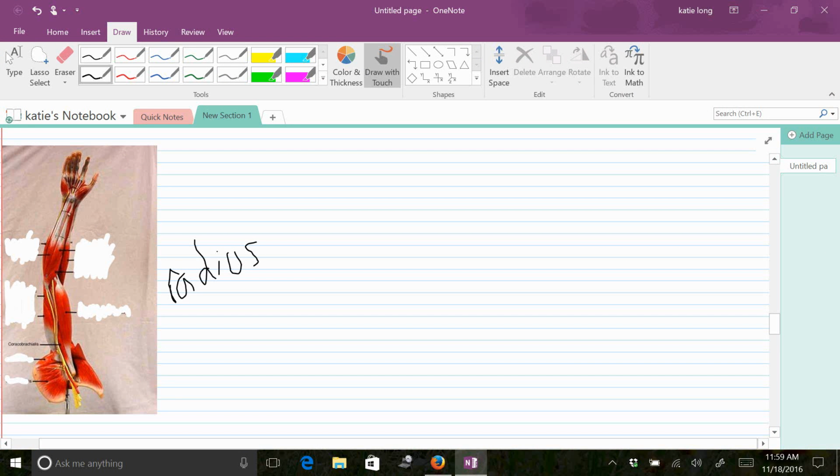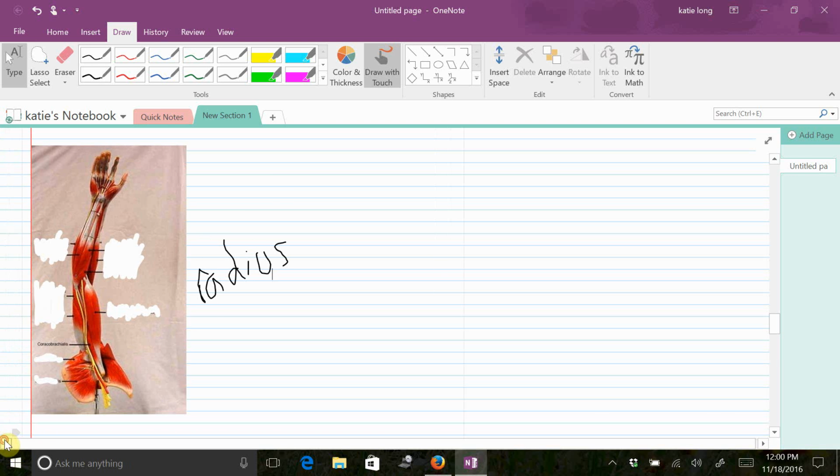Okay, so our radius is here, so we know that ulna is on the other side. I apologize, every time I try to get a little closer, it minimizes my screen. Okay, the ulna is going to be on this side. So that's how we know that we are looking at our right upper extremity anterior position, right?